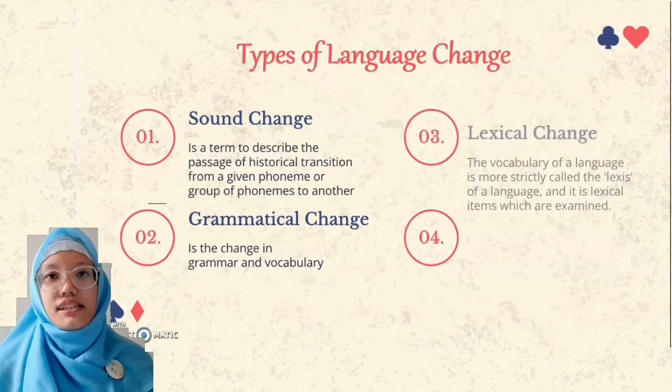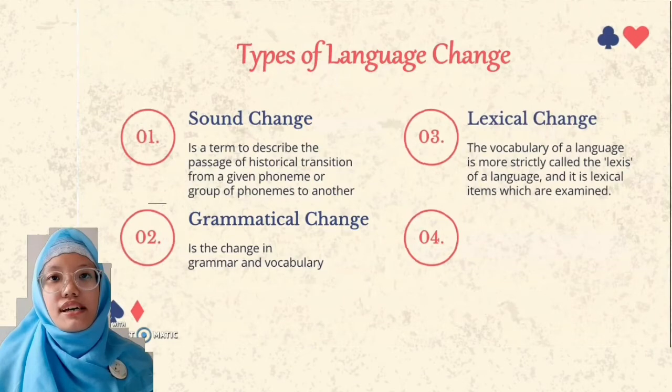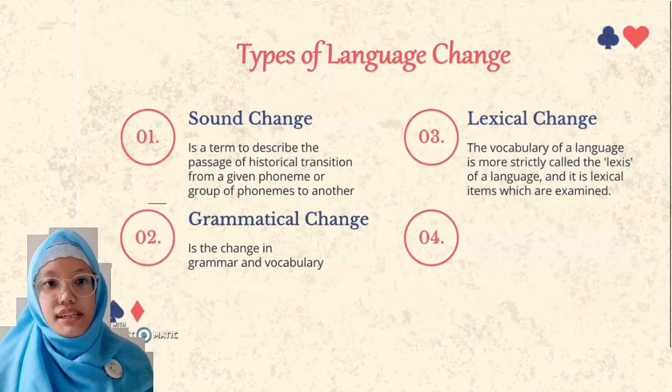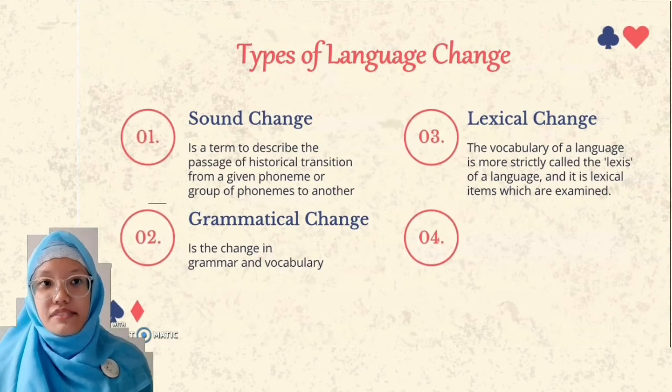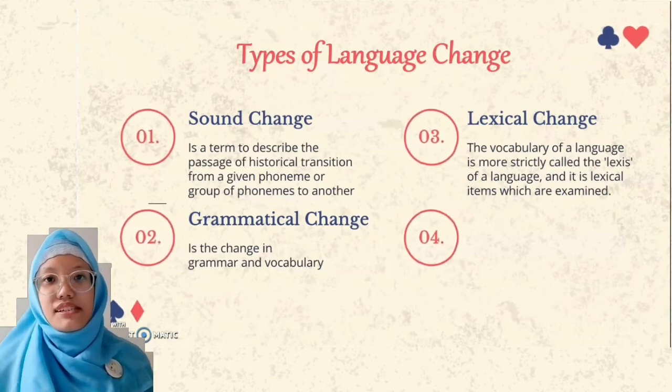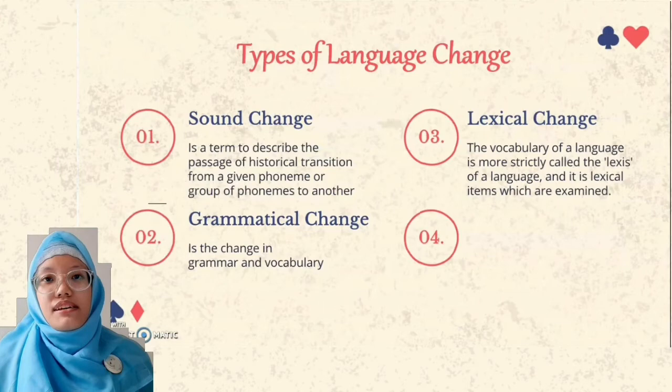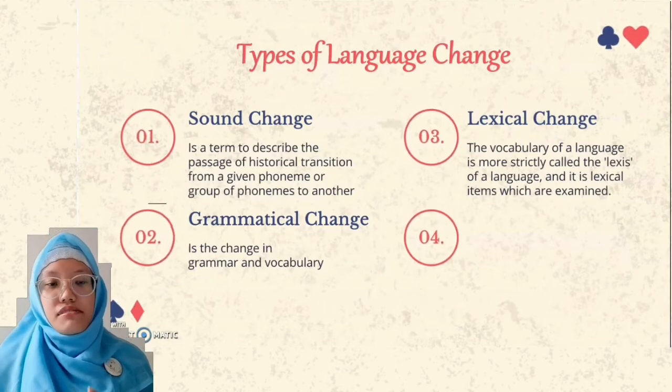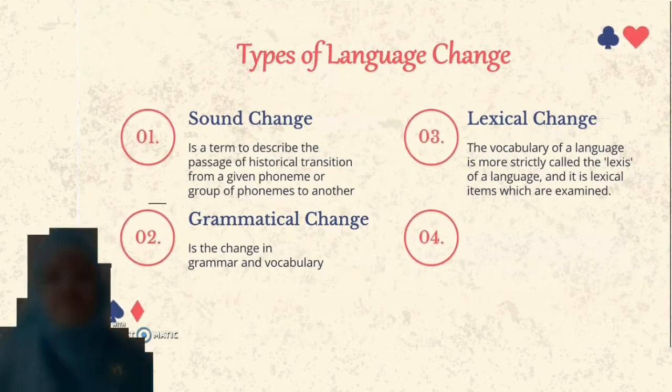The third is lexical change. Indeed, there is no distinct dividing line between grammatical change and lexical change. Many a time the two interact. The vocabulary of a language is more strictly called the lexis of a language, and it is lexical items which are examined.